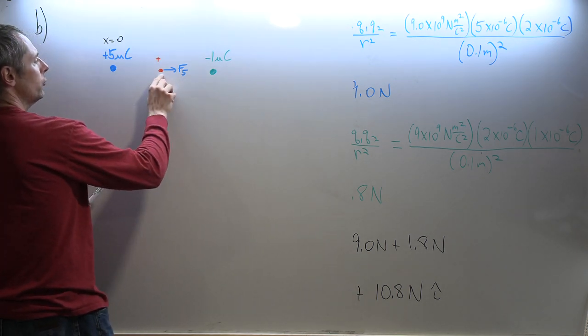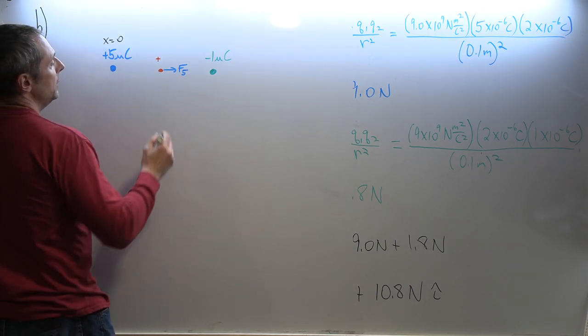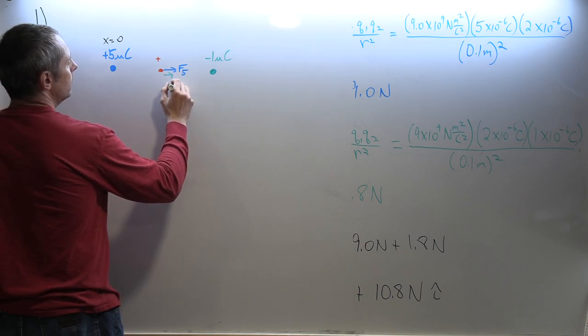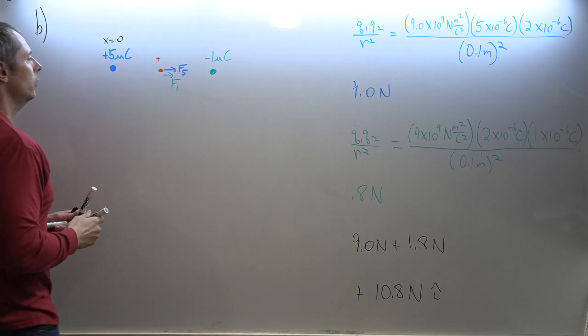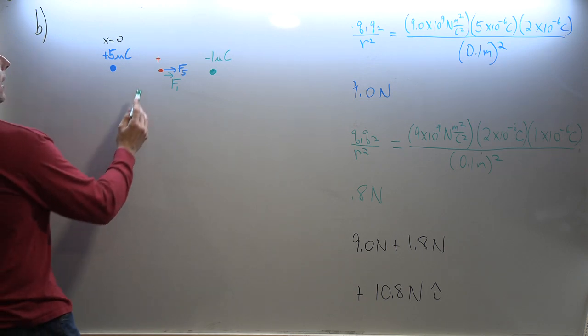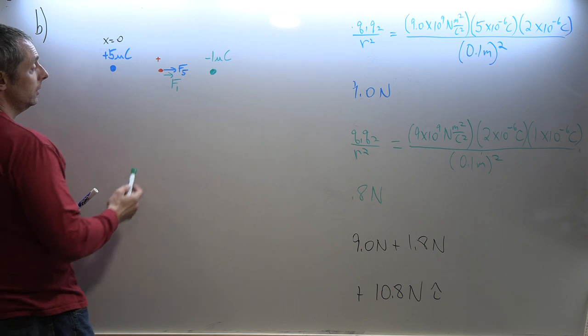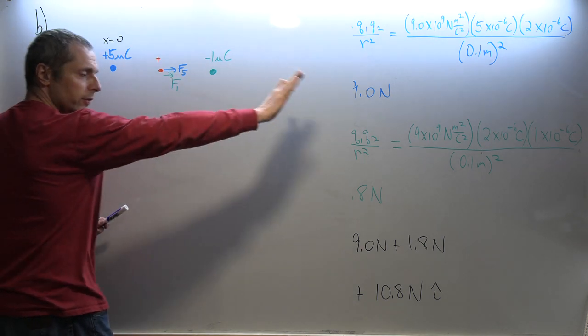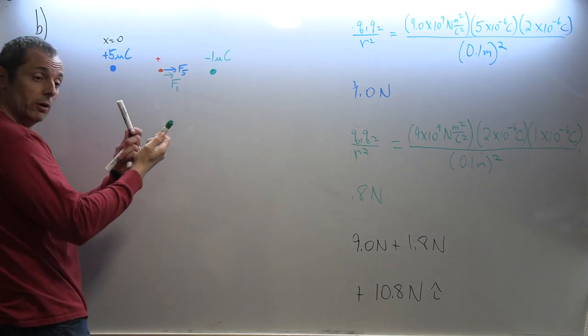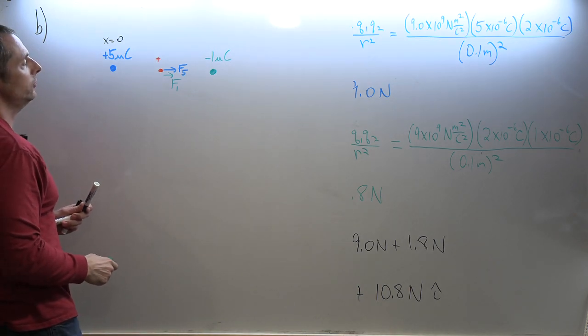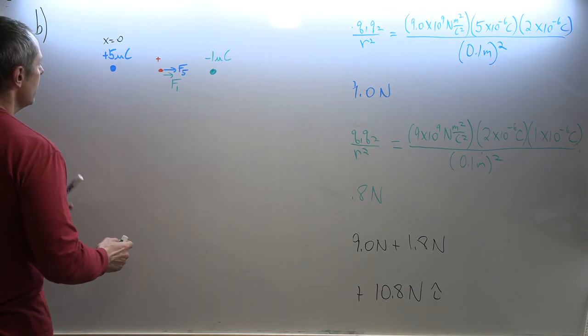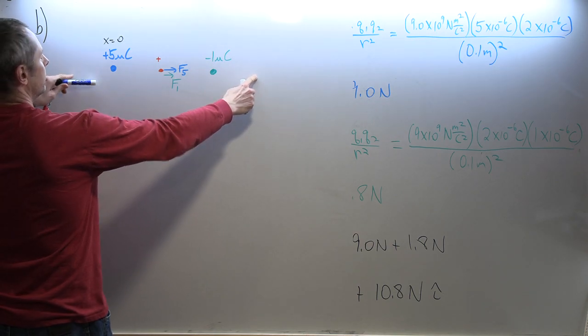And this negative attracts that positive, which means it also goes to the right. And so there's no way that I can put this somewhere in the middle and create a net force of 0. Because no matter what these are, they're both in the same direction. They have to be going opposite directions for them to add to 0. So maybe here, maybe here.